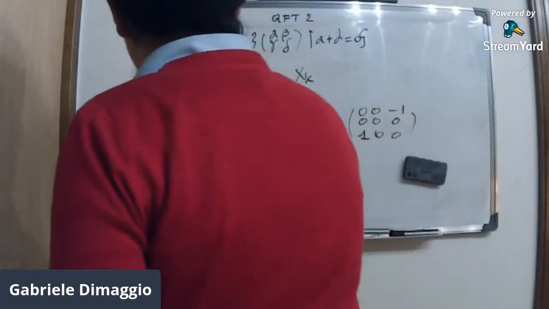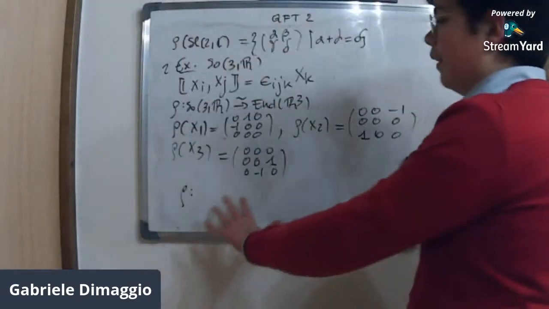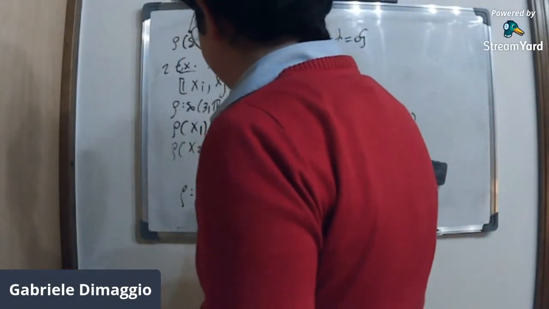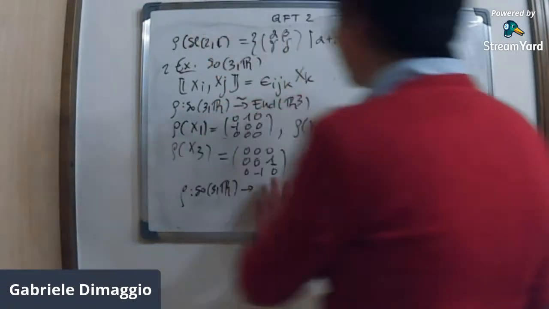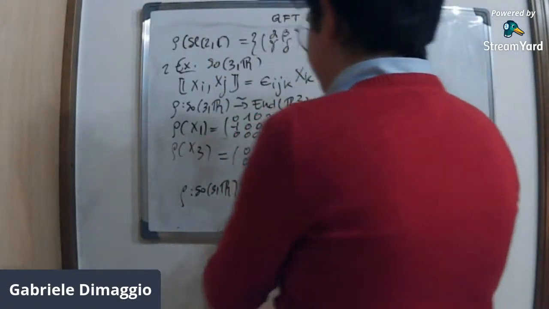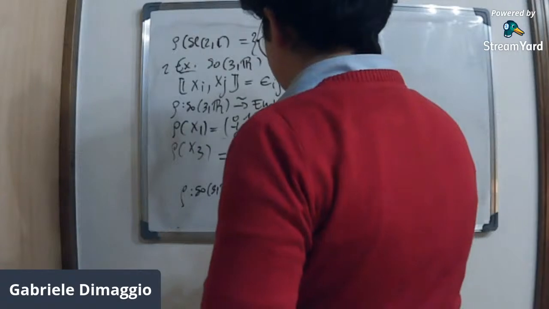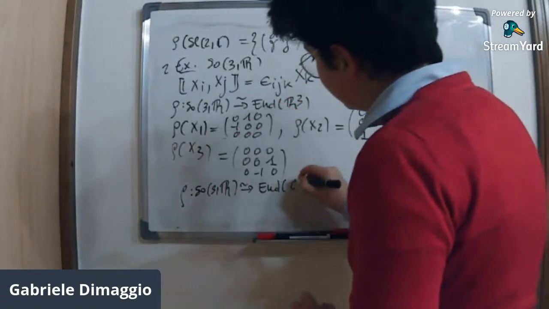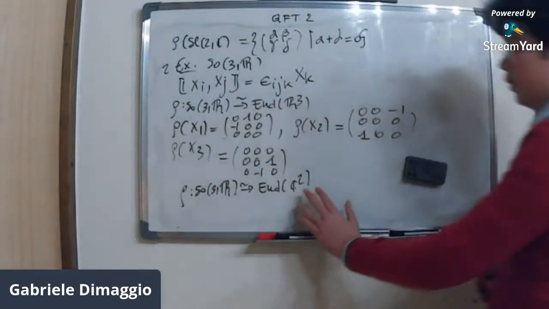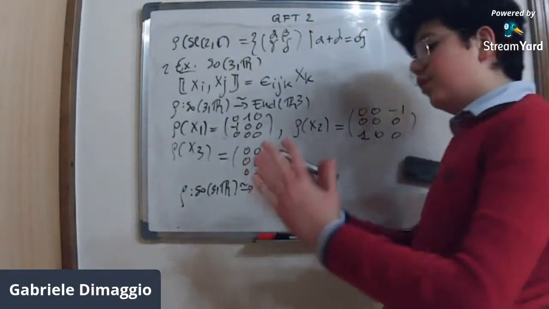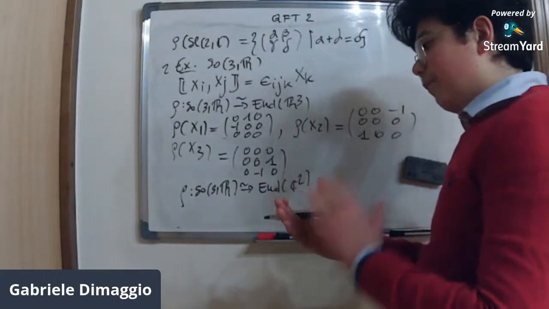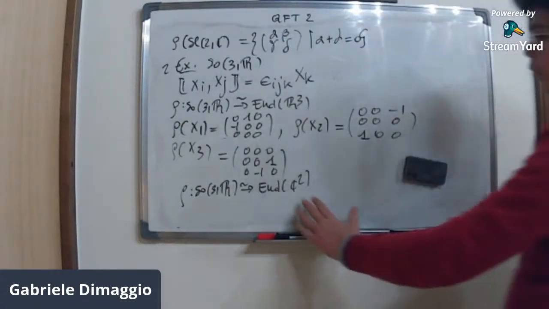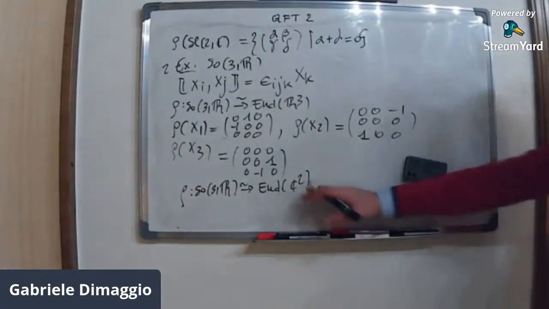The spinor representation is a representation that is from SO3, of course, R. But in this case, the representation space is C squared, so the family of all two by two matrices over C.